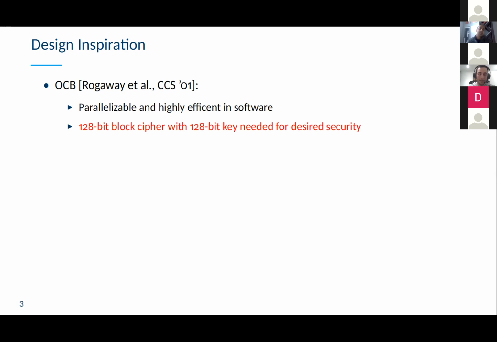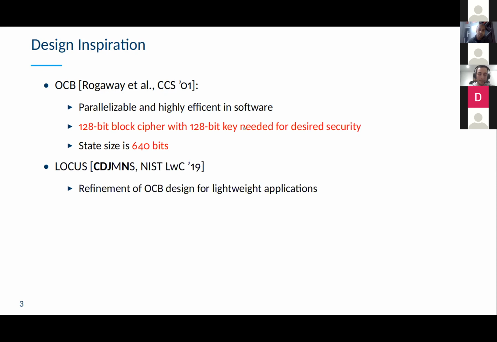But it has an issue: it needs a 128-bit block cipher and a 128-bit key for the desired security. So it needs at least a 256-bit state, a 128-bit state register and a 128-bit key register. And the overall state size is 640 bits.